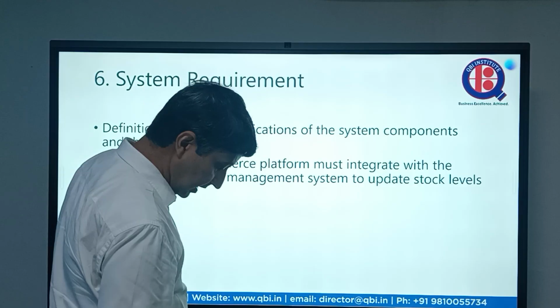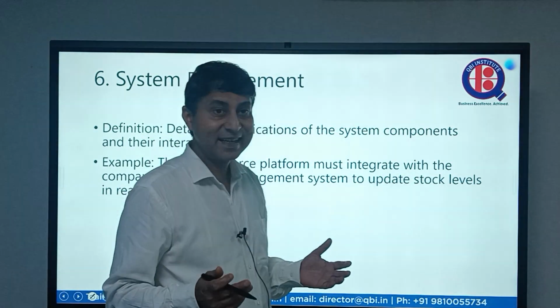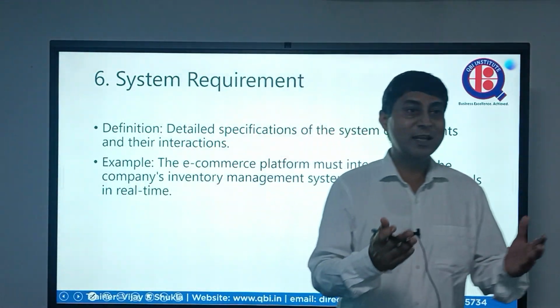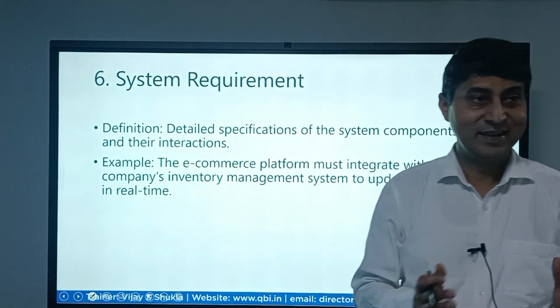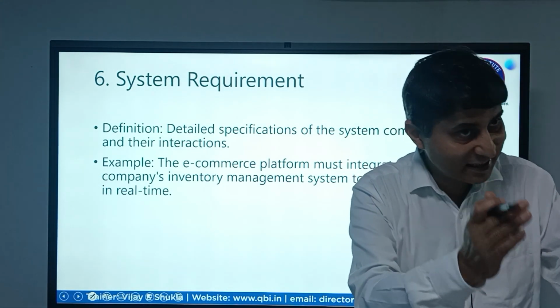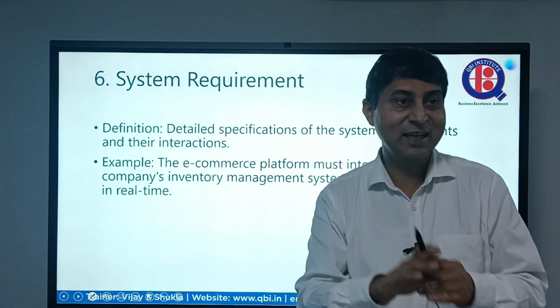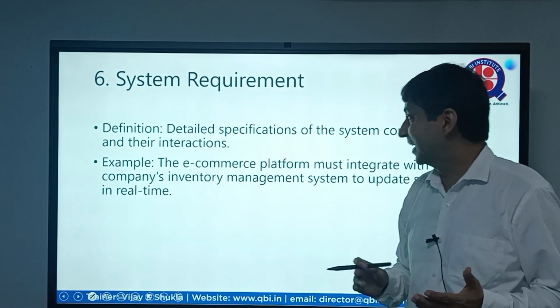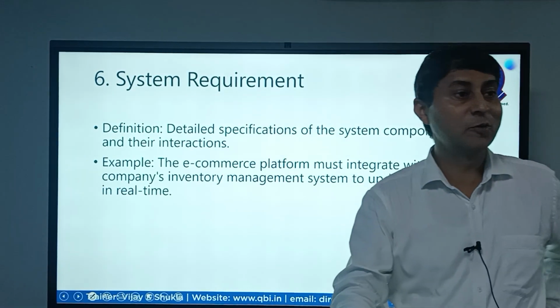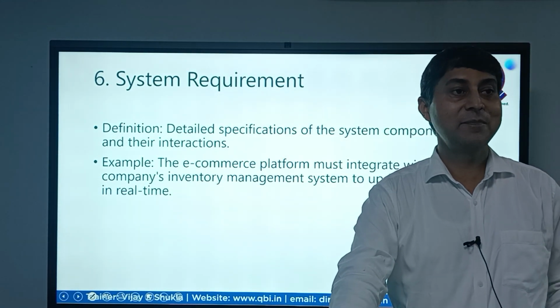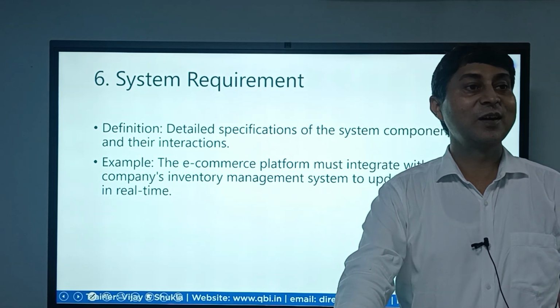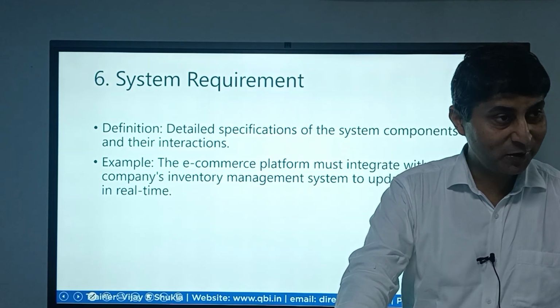System requirements. Now we are dealing with a software system. Software system has got functional requirements and non-functional requirements. But then there are certain system requirements also. For example, you may require an Oracle database to hold your information.